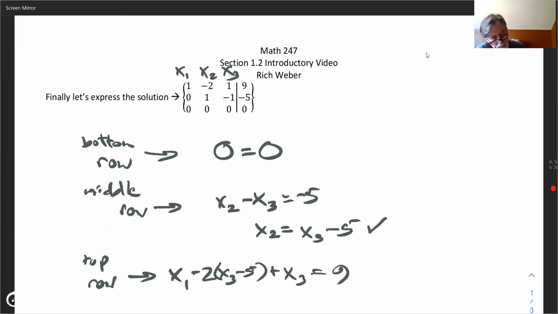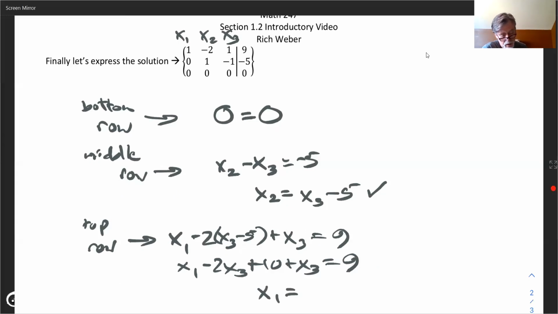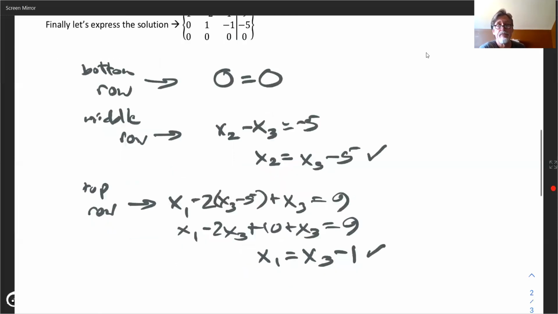So x1 minus 2 x3 plus 10 plus x3 is 9. So guess what? x1 is found to be, let's see, x3 minus 1, if I'm not mistaken with my math. No one said anything about x3. In fact, x2 is written in terms of x3, x1 is written in terms of x3.